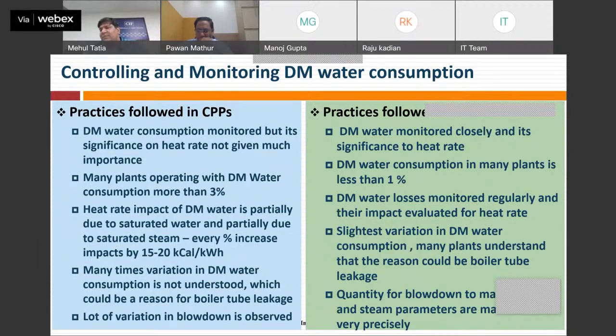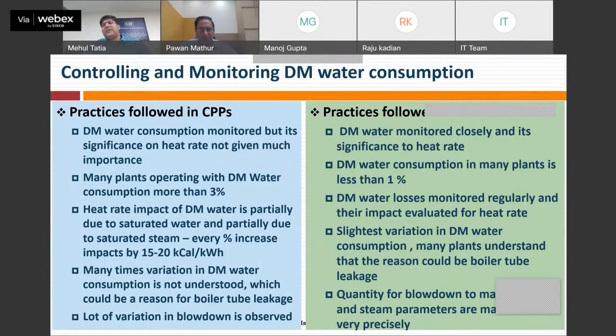In this case, the IPPs are very strict about it. Most of the plants, their DM water consumption would be in the range of 0.5, 0.6%. They do a complete evaluation of DM water losses. They monitor their drains, drain temperatures, and even the slightest variation in DM water consumption. They are able to gauge whether this is due to a tube leakage or not.